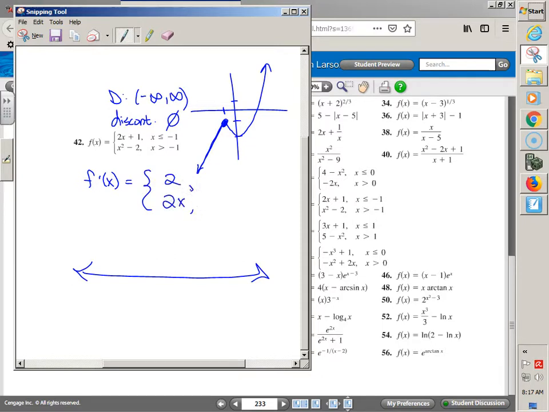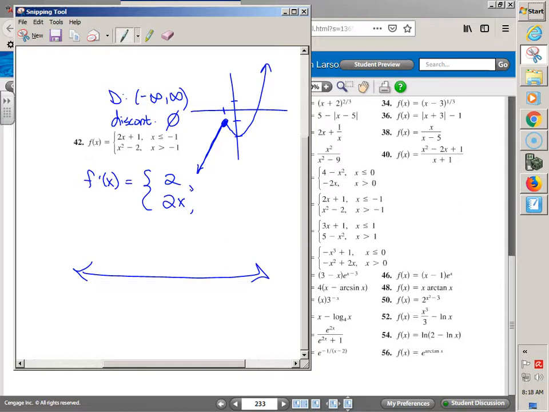Now here's the struggle. For a derivative to exist, wait, definition of derivative, how does it start? F prime of x equals, before the power rule, before all the rules, F prime of x equals the definition of derivative. The limit. Good. In order for a limit to exist, what has to be true? They have to agree.